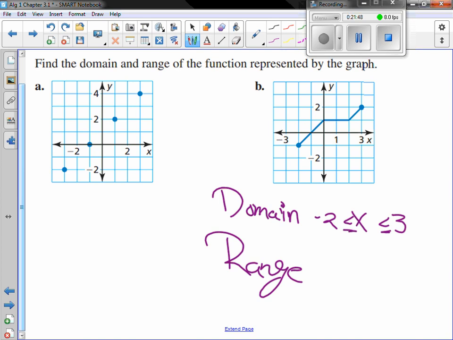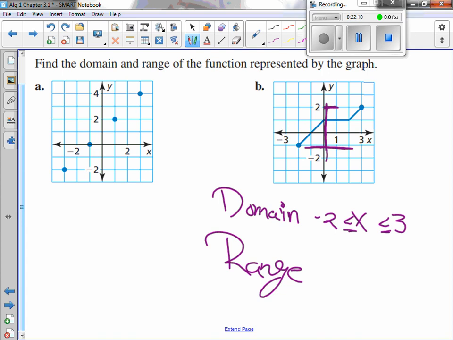Now let's look at the range. For the range, we're looking at the up and down, the y. What is the smallest y value that this function crosses? Negative 1, and what's the biggest? 2.